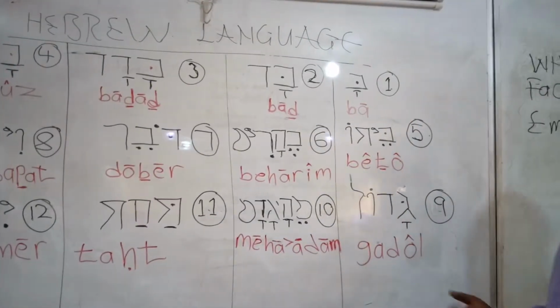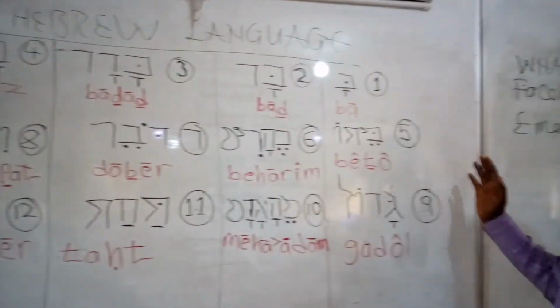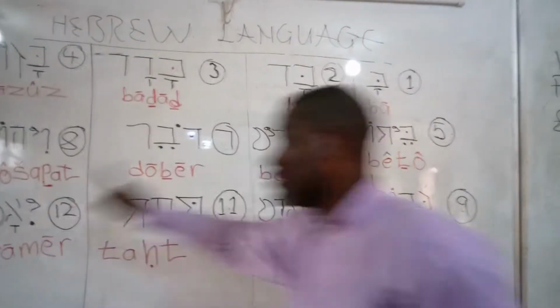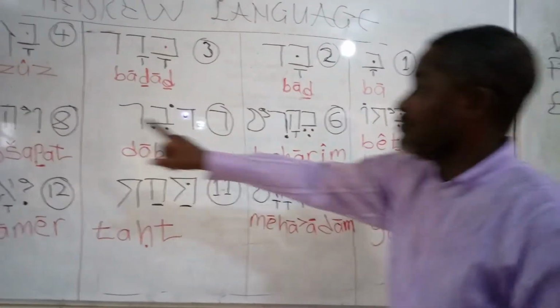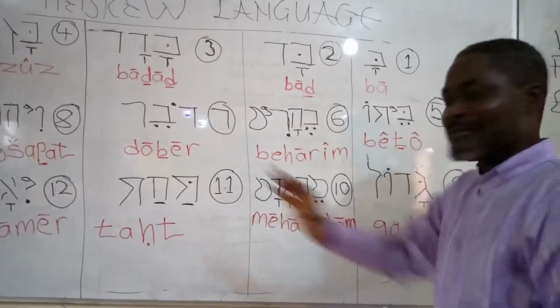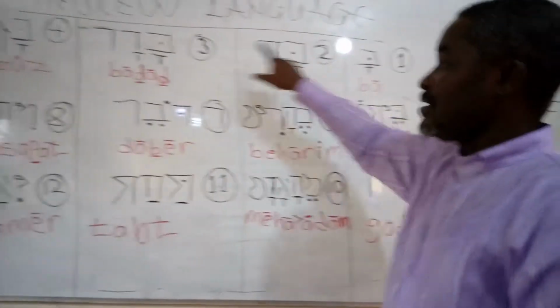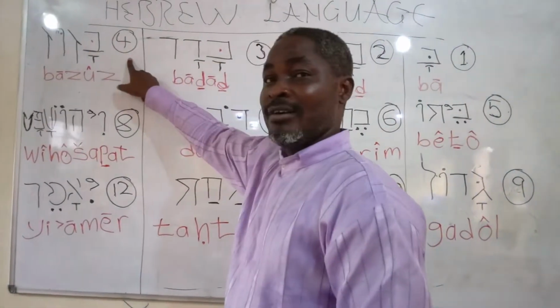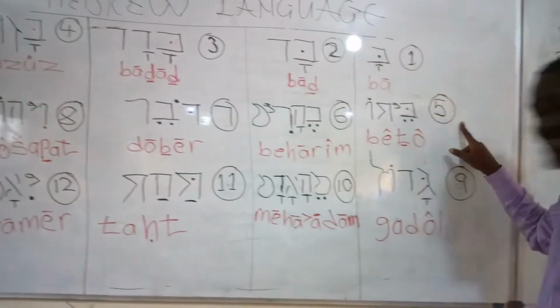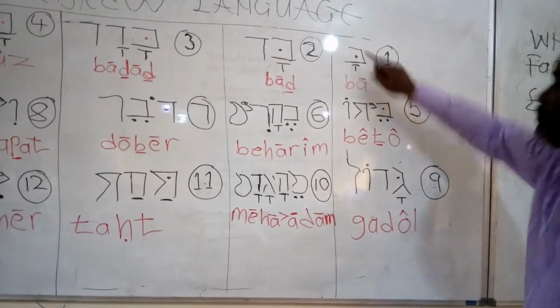When you talk about Hebrew, you don't write from the left to the right, but from the right to the left. So don't be surprised that you have number 1 here, number 2 follows, number 3 follows, number 4. To get your number 5, you come down here. The first one you have here is bav.